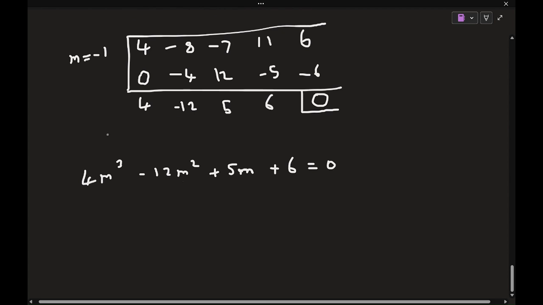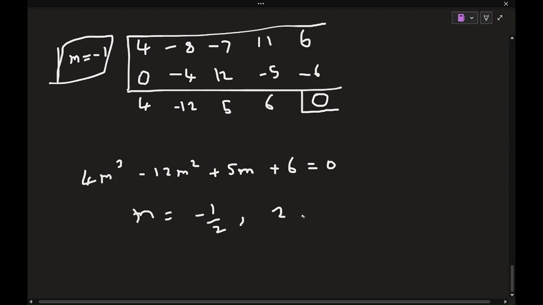So my first root is -1. My other roots, according to the calculator, are -1 by 2, 2 and 3 by 2. This is m1, this is m2, this will be m3, and this will be m4.